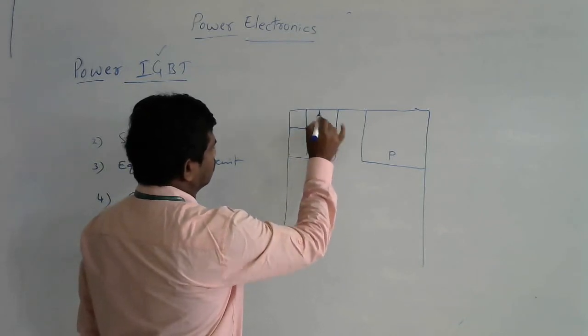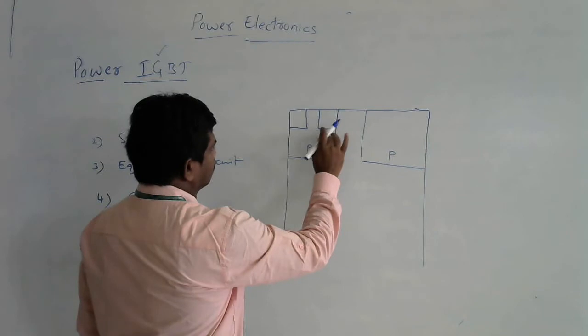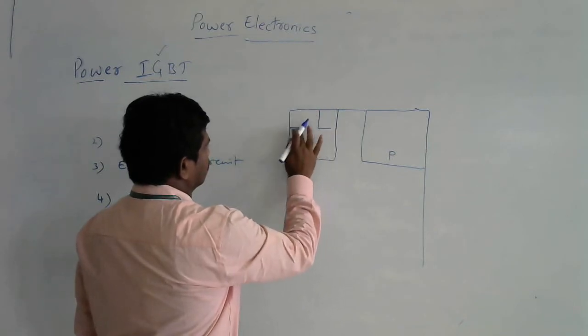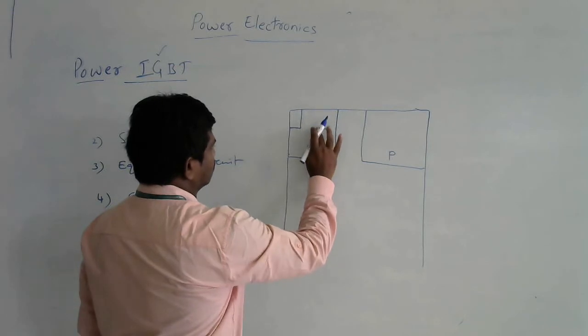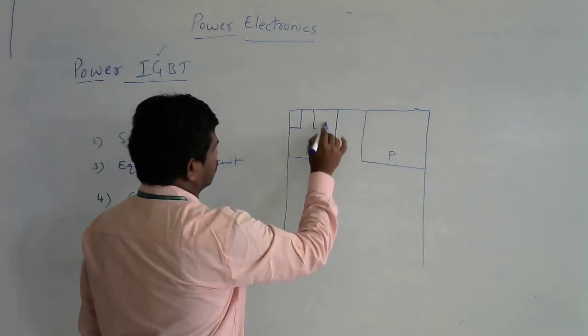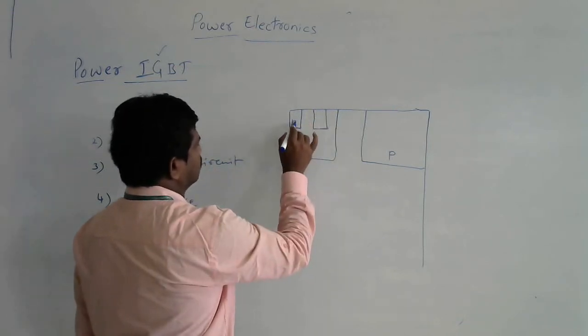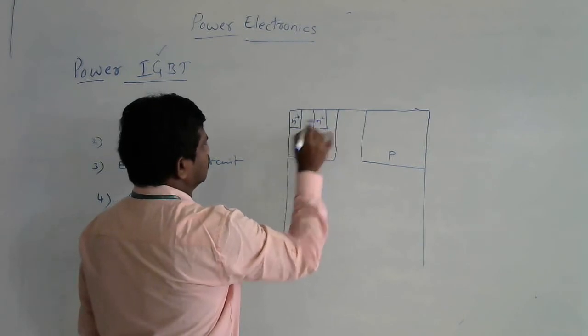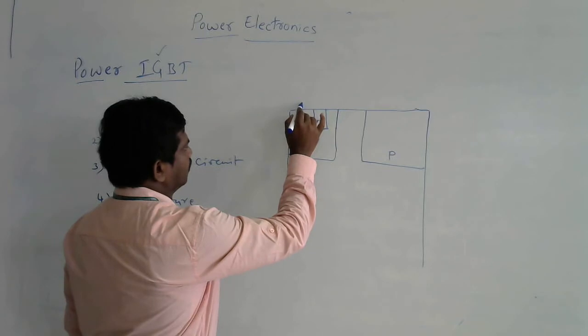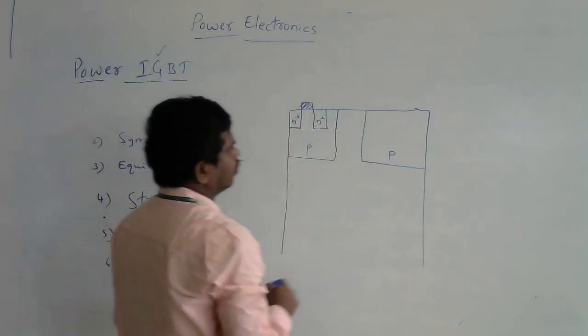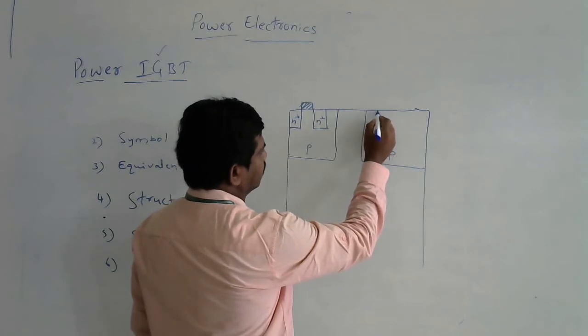This is N plus. With this we get the emitter terminal. This is my emitter terminal. The other side is the same way.